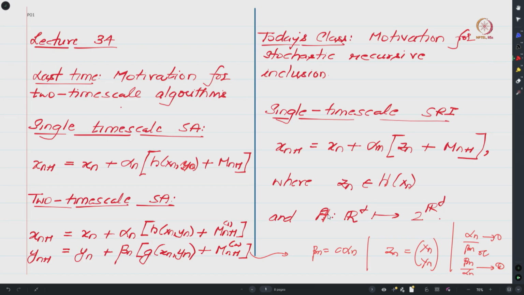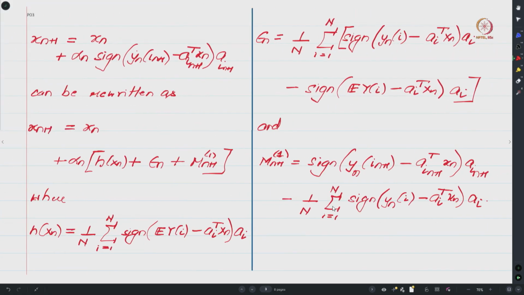So presume that capital H is a set valued map, and this is basically capital H goes from R^d to 2^{R^d}. And here when I write little h, I will continue to imply that it is a map from R^d to R^d, that is when I give x as input to h, the output h of x is also d-dimensional in nature, right.